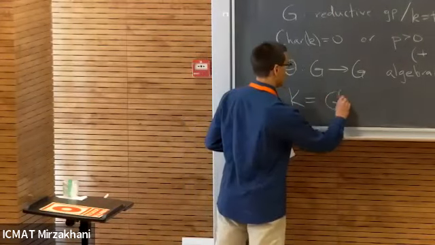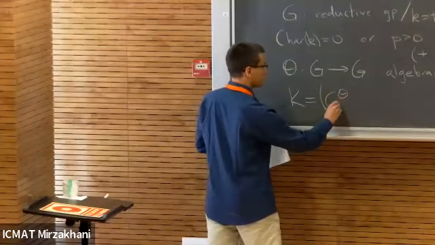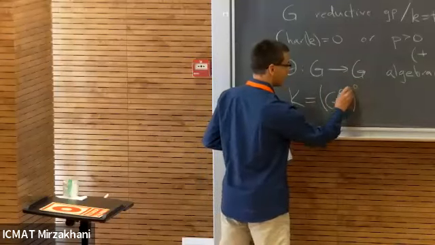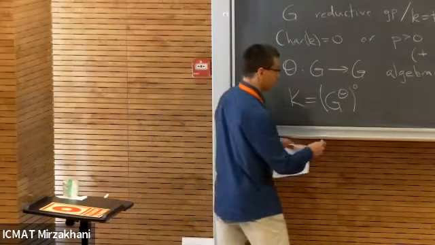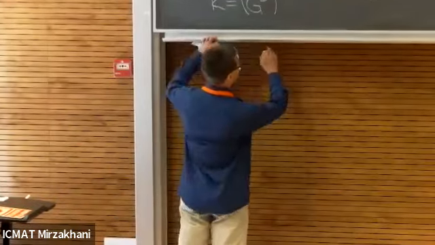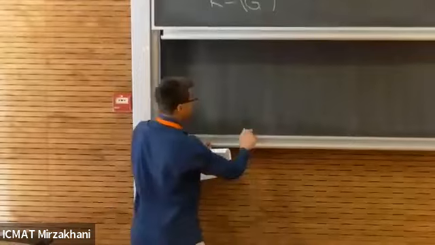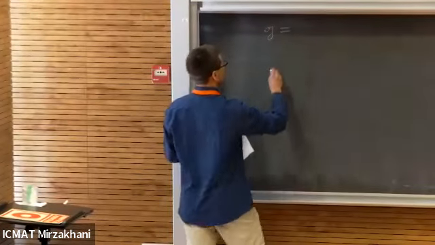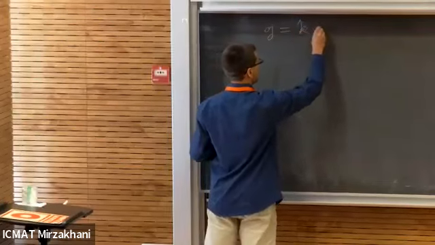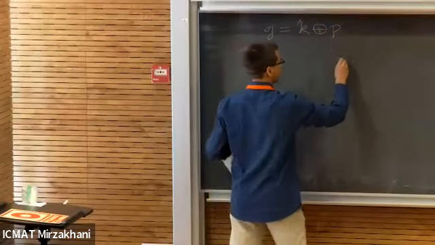For one thing, it will define a group K, which will be the fixed points. But this might have some components, so I'm going to take the connected component. And it will also define a Cartan decomposition on the Lie algebra of G into +1 and -1 eigenspaces.